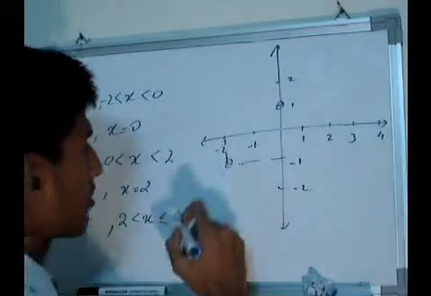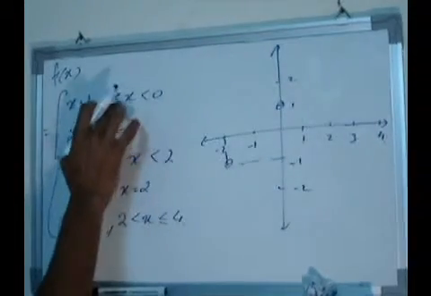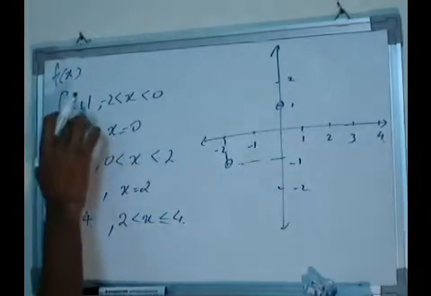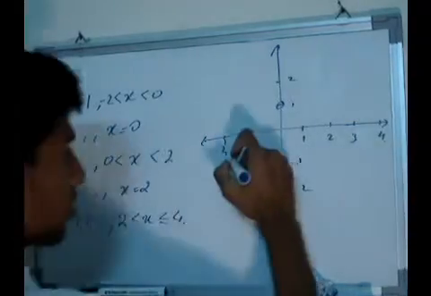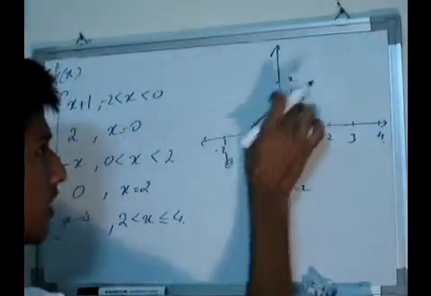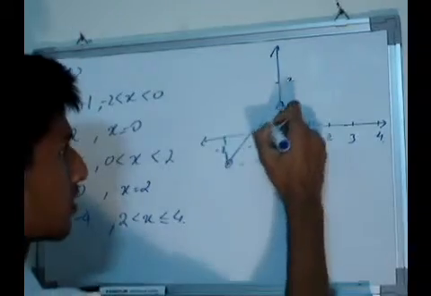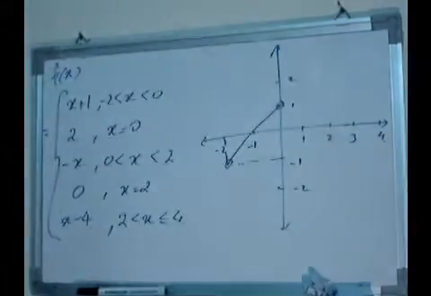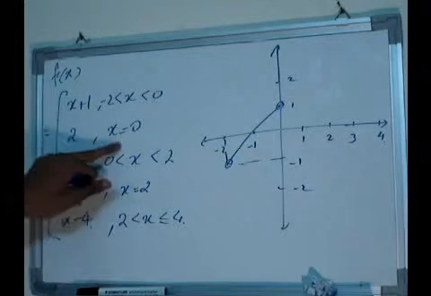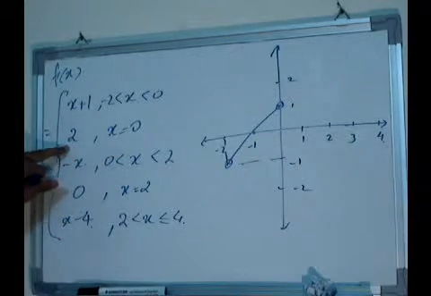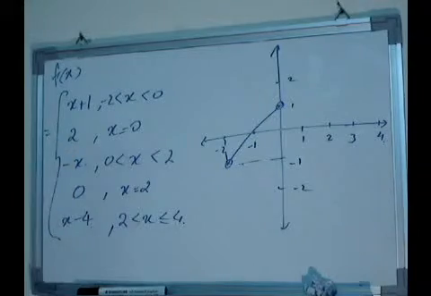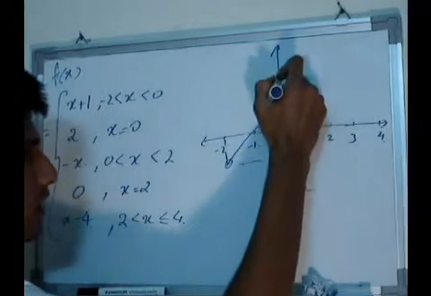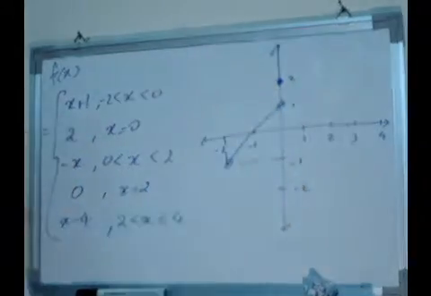But you should notice that the function is not defined at -2 and 0 when it is equal to x plus 1, so we represent it with these undarkened circles. It's a straight line. Now when x is equal to 0, the value of y, that is f of x, is 2. Since it's defined as a point, it's a darkened circle.